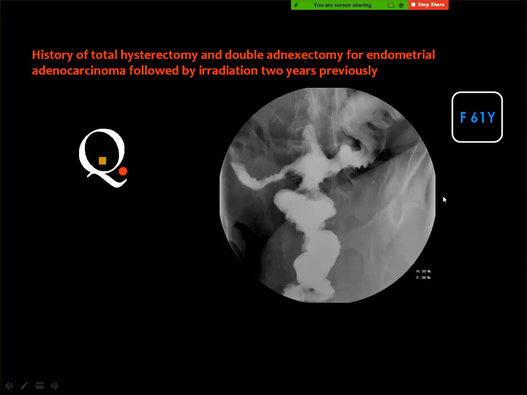Okay, this patient had the history of total hysterectomy and oophorectomy for endometrial carcinoma, followed by irradiation. And this is the barium enema exam. Fistula between rectum and side of vagina, and the small bowel.